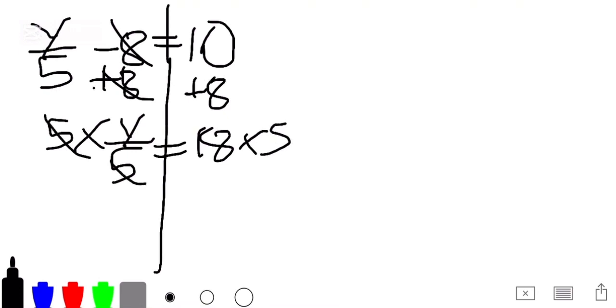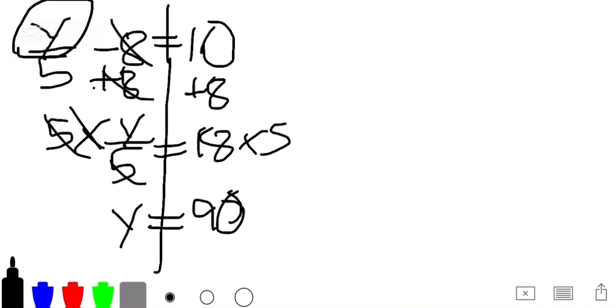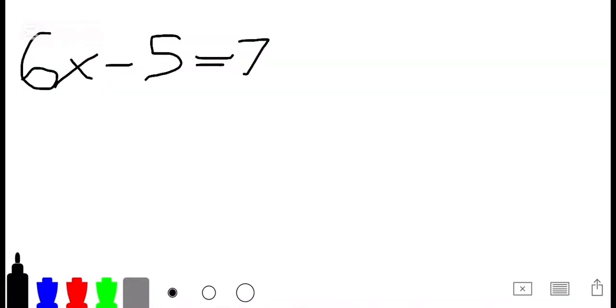And so this leads to this being canceled out, and we are left with y equals 18 times 5, which is 90. Sorry for the bad zero. And we can always fact check this by plugging in y, this y over here, with 90, and it's correct.